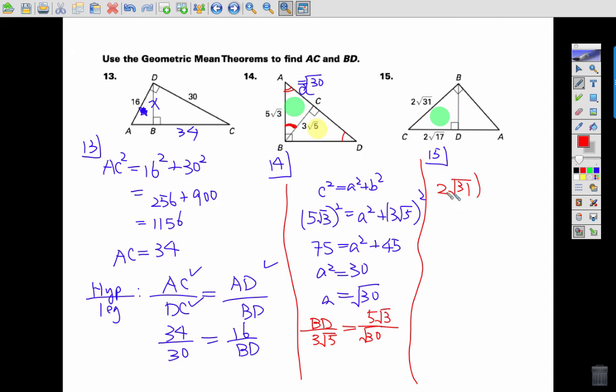So the hypotenuse squared should equal 2 root 17 squared plus BD squared. Once you find BD, you can use your leg theorem to find AD. So AD, use your leg theorem after you find BD. And then in order to find AC, you just add the two together. Add CD with AD. Okay?